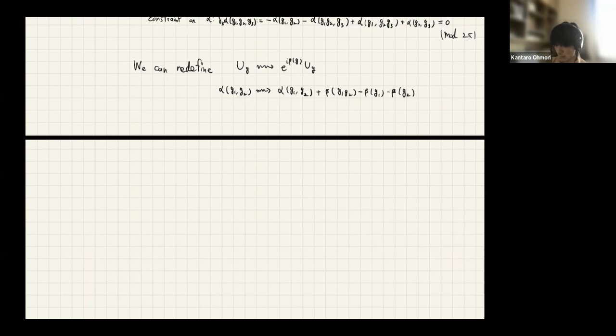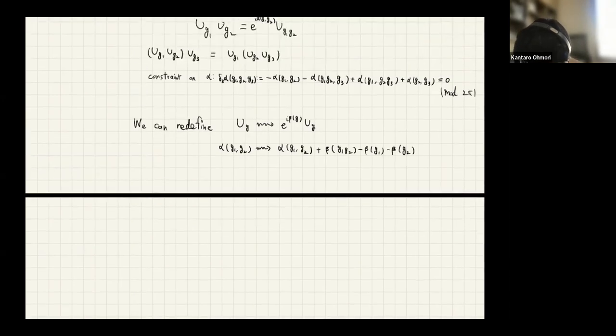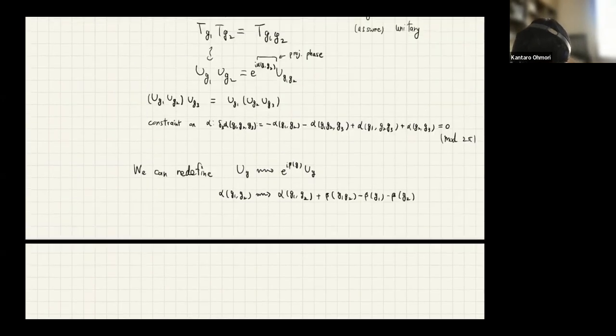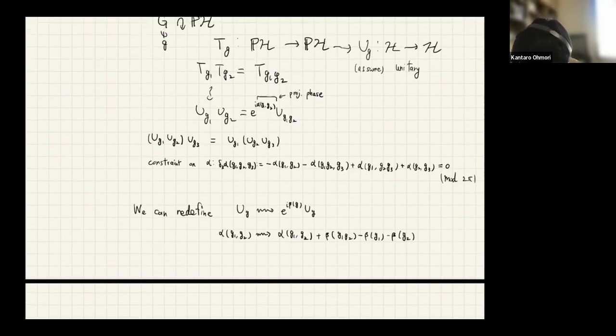So far, so good. It is also clear that in the definition of alpha, if you replace this by this, then if you do the active action, you get this factor here and this factor on this side.